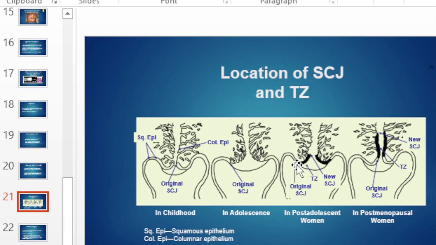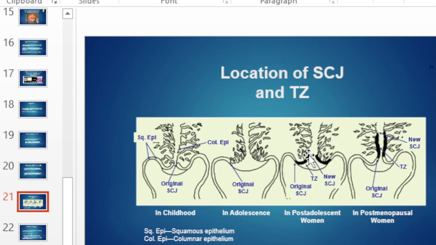So what happens is that there is that old squamocolumnar junction that she was born with, and the new squamocolumnar junction that has come about after there has been a replacement of the columnar epithelium by the squamous epithelium. So now that area is a transformation zone.